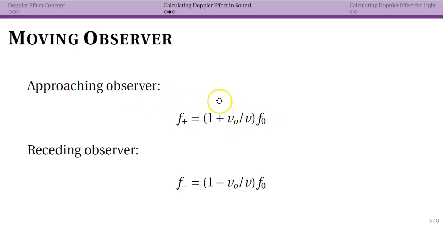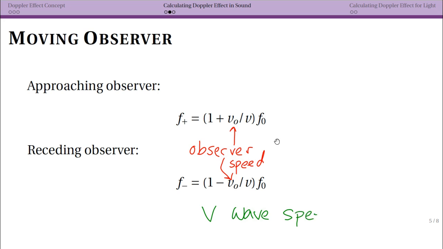So in this case, notice that we don't have a fraction, and now this v sub o is going to be the observer speed. So v is again going to be your wave speed in the medium. In this case, we assume that the observer is moving with respect to the medium. So the observer is approaching the source, or the observer is receding, i.e. getting farther away from the source.